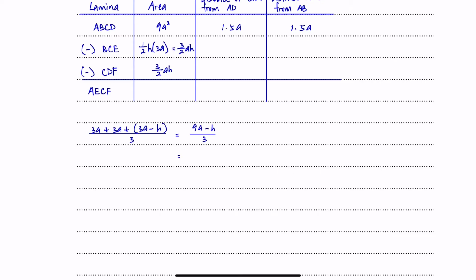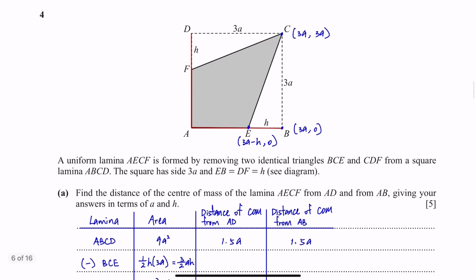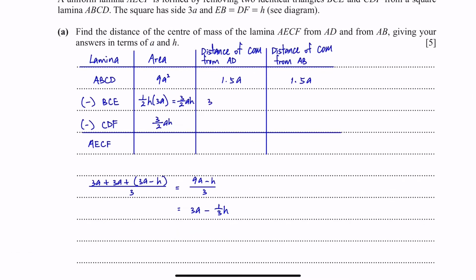So we have 3a minus 1 over 3 h. So the distance of COM from AD for the triangle BCE, this one, would be 3a minus 1 over 3 h.